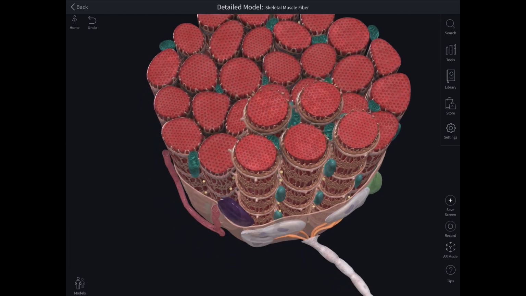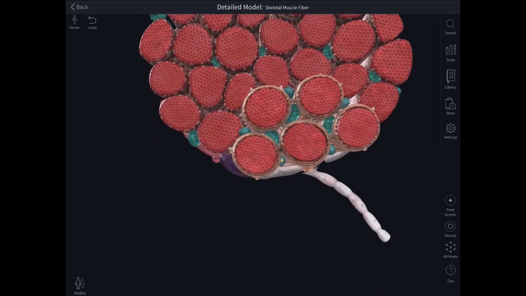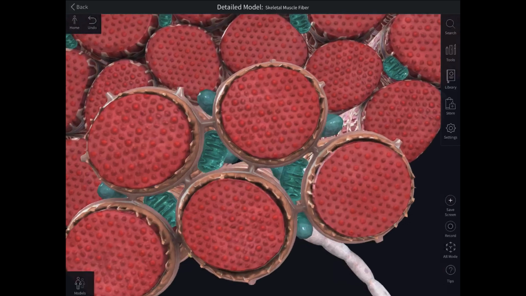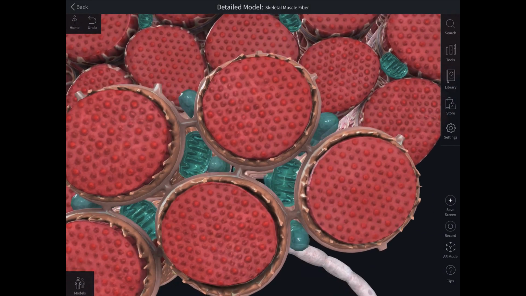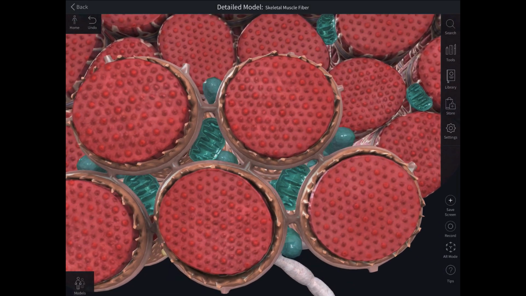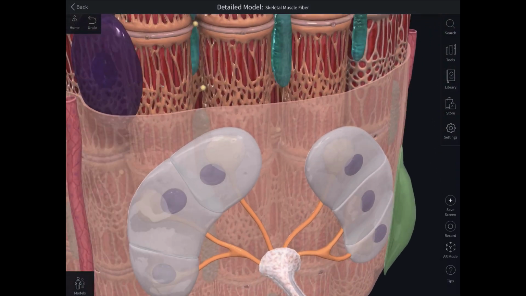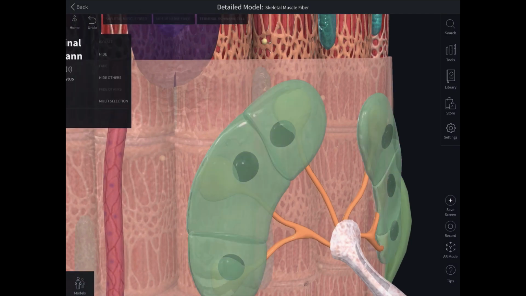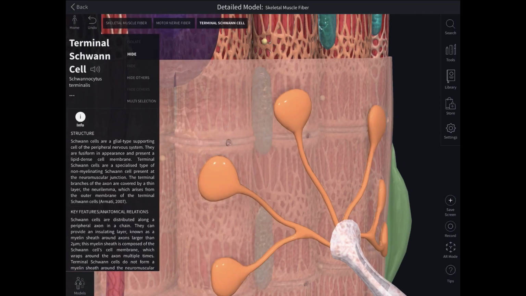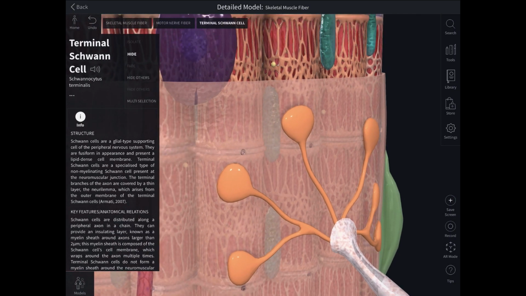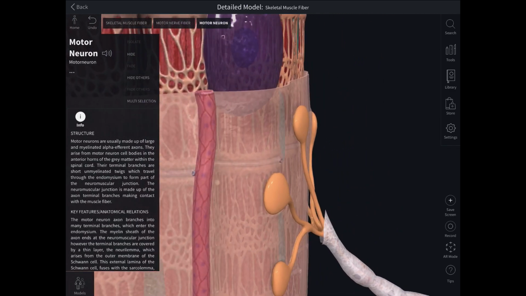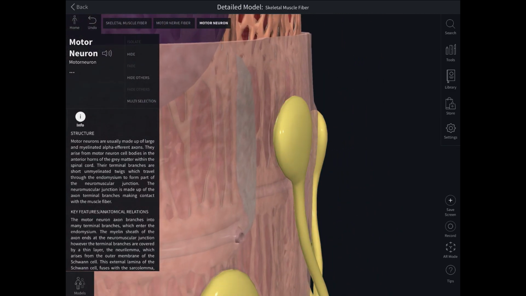So this is the structural arrangement of really important things within the fiber itself, the base unit of skeletal muscle. It's complicated. It is tightly packed. By far, the structure that gives the muscle its characteristic ability to contract are the myofibrils.